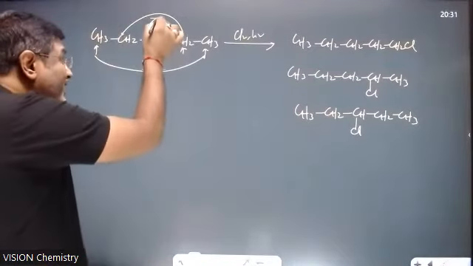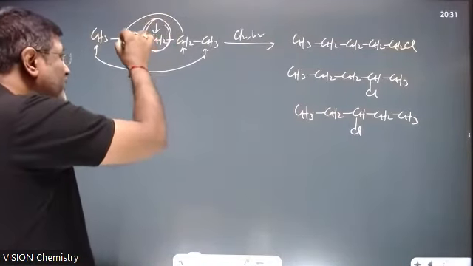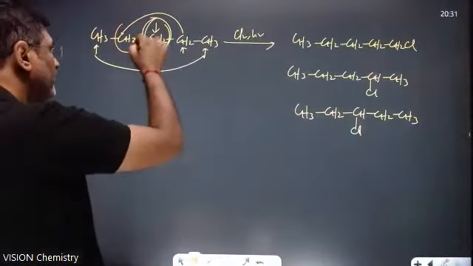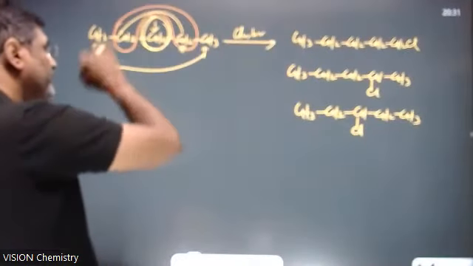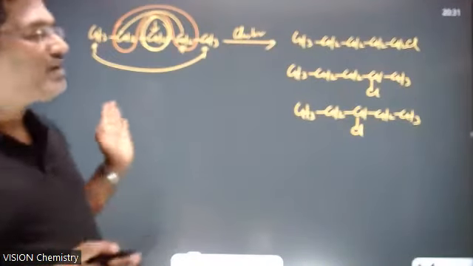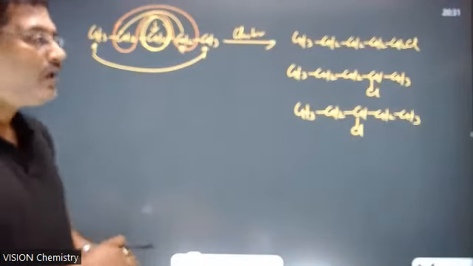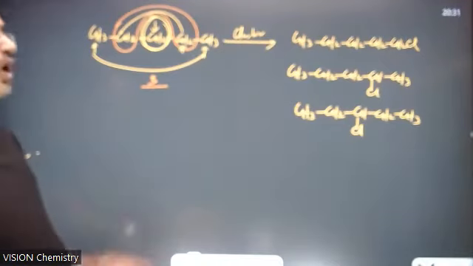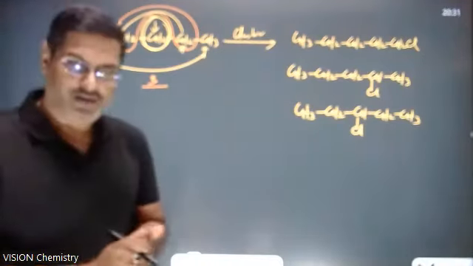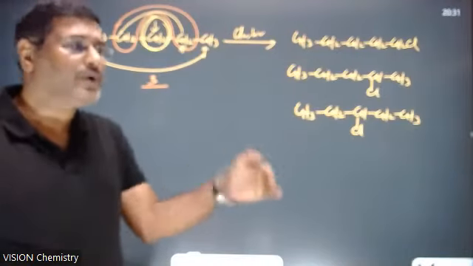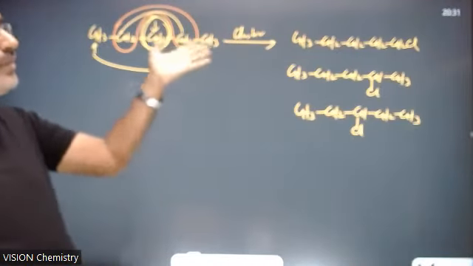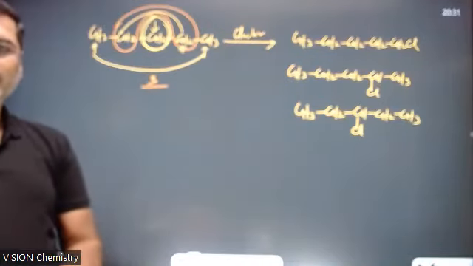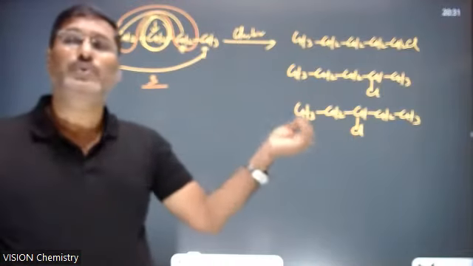So these secondary hydrogens are different from those secondary hydrogens. Now the question is, how many different kinds of hydrogens do we have? We have 3 different hydrogens. How many different monochlorinated products do we have? 3 different monochlorinated products: this one, this one, this one.